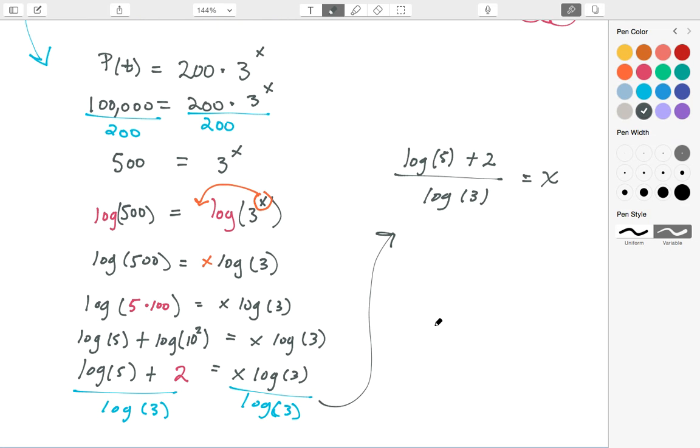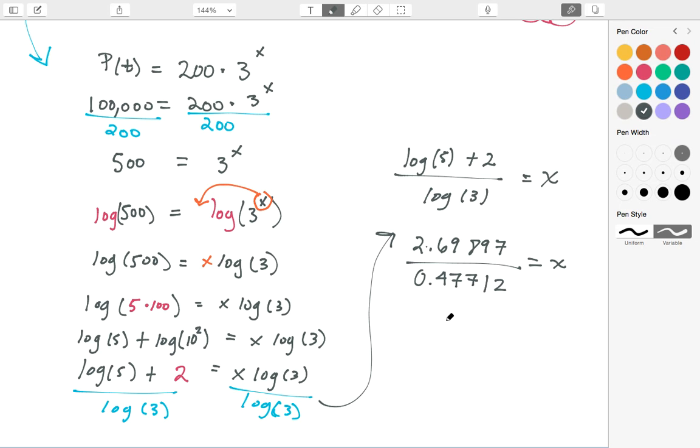When you punch log of 5 plus 2 into the calculator, you're going to get a decimal, like 2.69897. Let's just keep it like that for right now. And log of 3 is 0.47712.